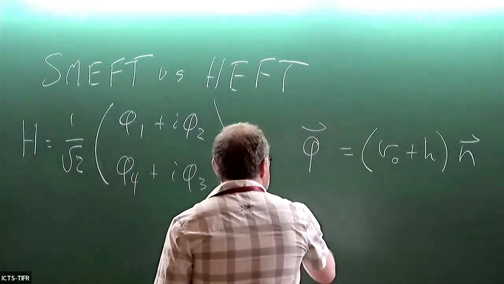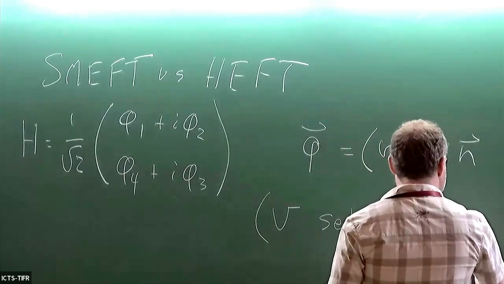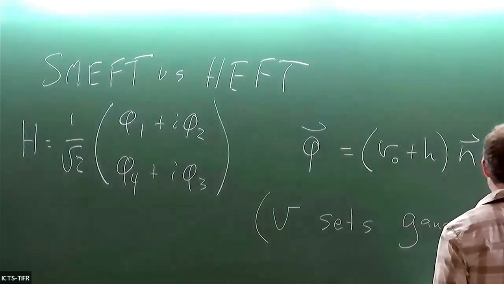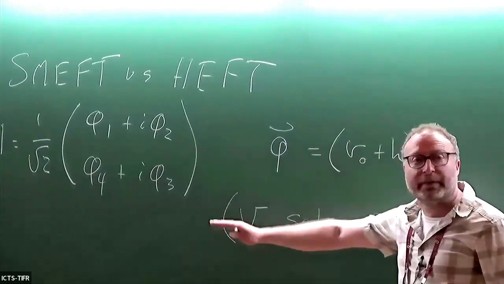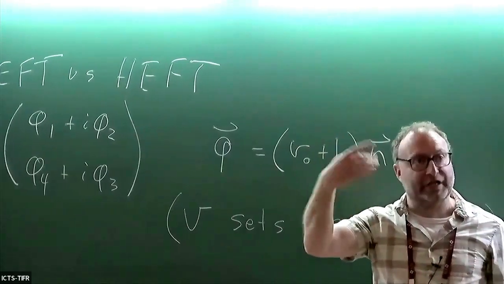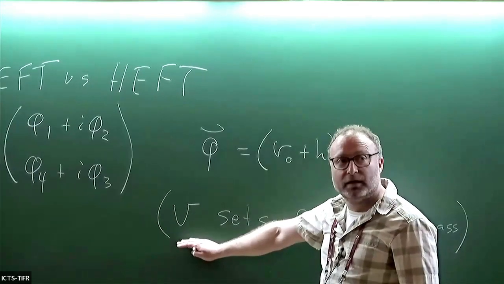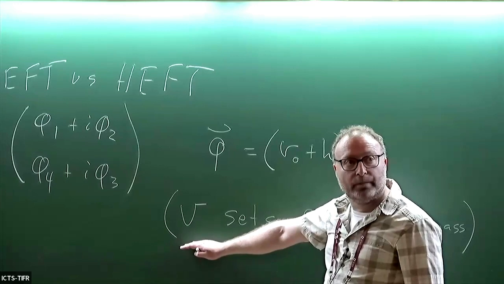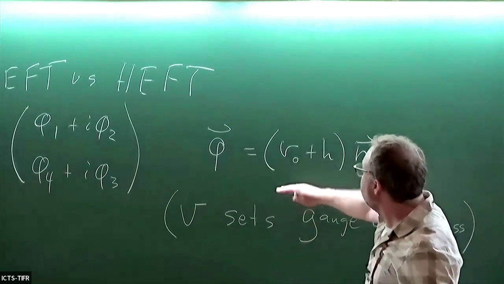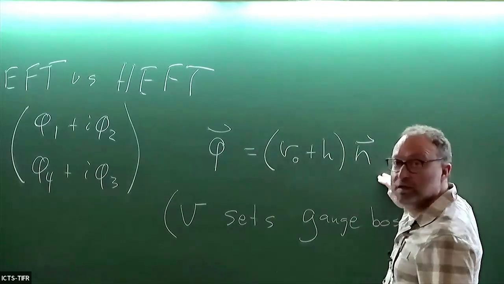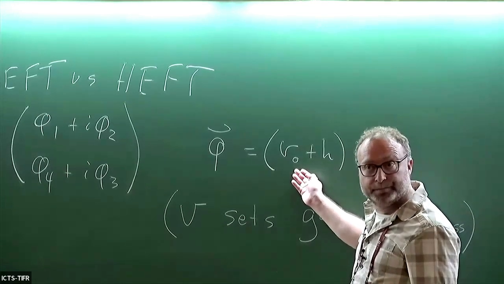So here I mean v sets the gauge boson masses, if you like, the fermion masses. v was the thing that appeared in the mapping, in the normalization of the pion fields, of the Goldstones. That's, if you like, the scale of the nonlinear sigma model when we break electroweak symmetry. v naught is here in this shift, going from the origin in field space to the physical vacuum.